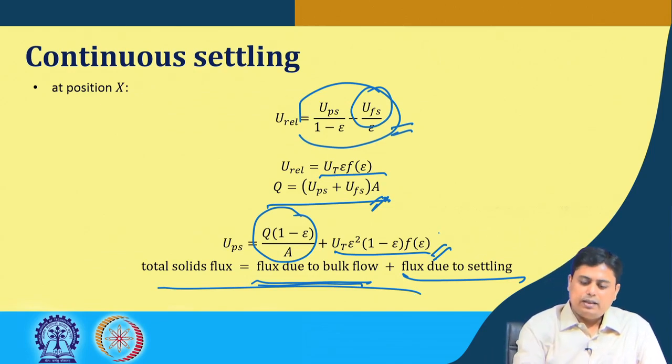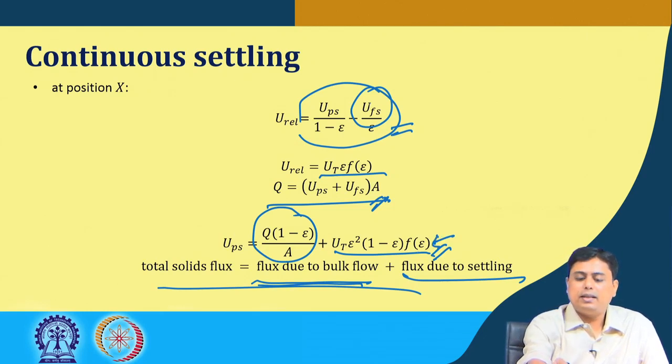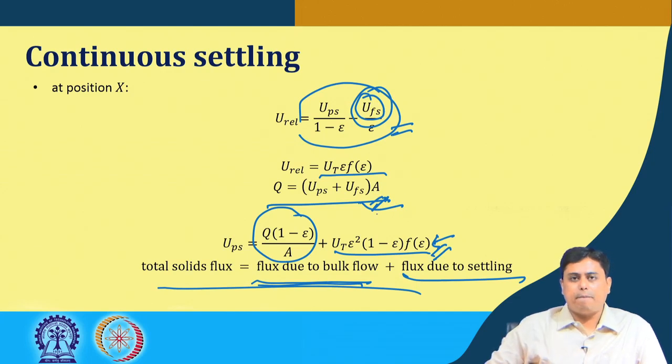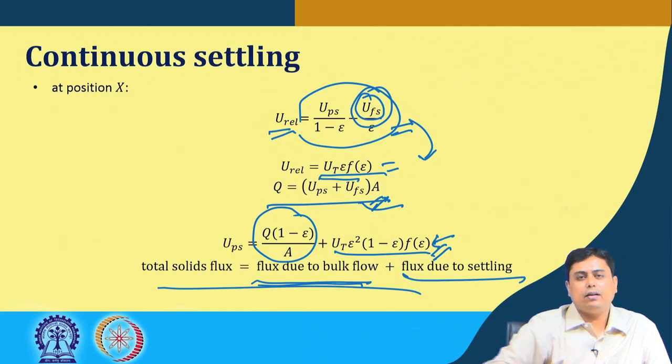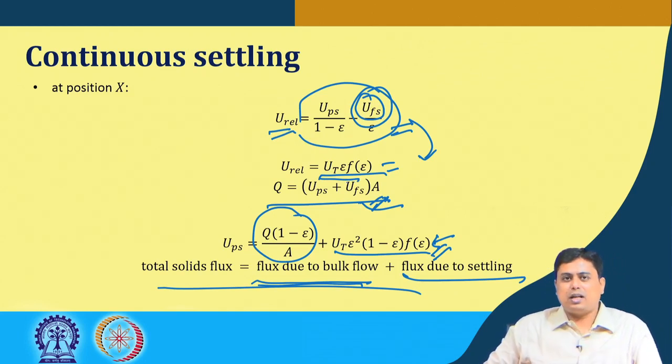Once again, we have arrived at this expression by replacing the expression of UFS here. So here we write this one as this one, because this U relative can be written in terms of the terminal velocity.